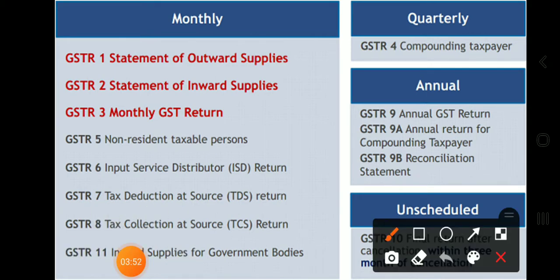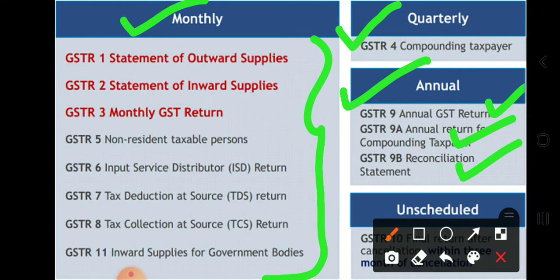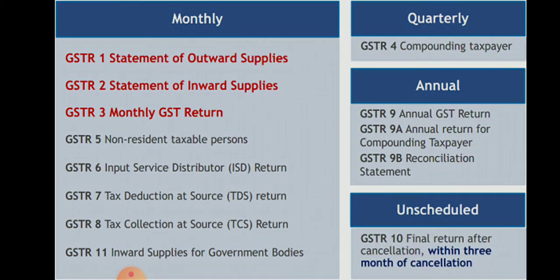As is visible on your screen, under the monthly returns we include these various returns which we discussed in our previous slide. In quarterly returns, GSTR 4 comes, which is for compounding taxpayers. In annual, GSTR 9, 9A and 9B come, which show the annual GST return for compounding taxpayers and the reconciliation statement. One last category we have is unscheduled, in which we include GSTR 10, which is for the final return after cancellation, within 3 months of cancellation.